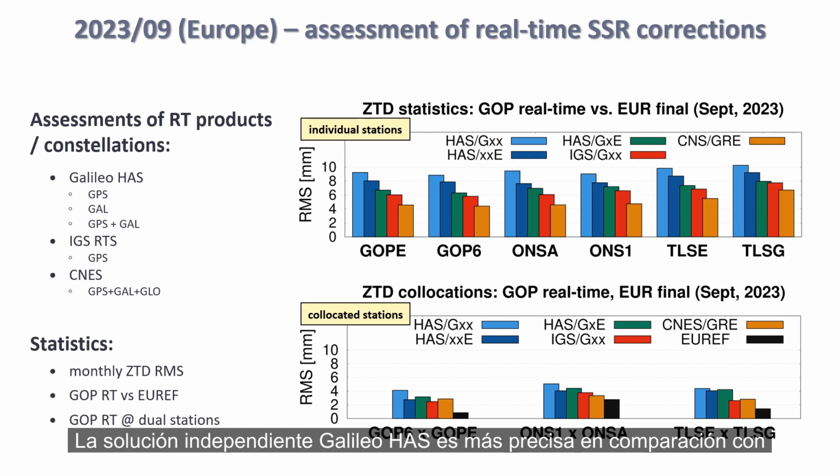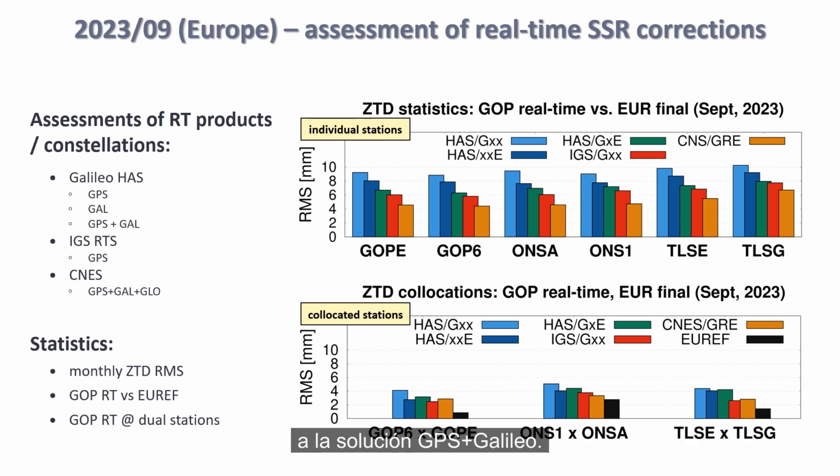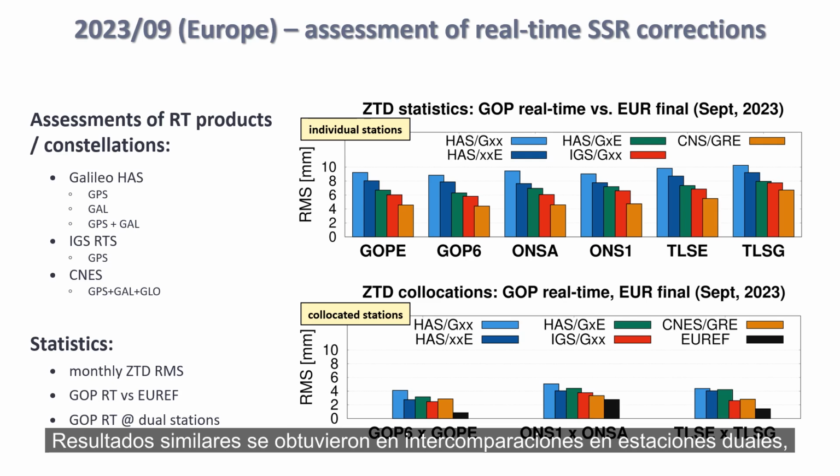The standalone Galileo solution from HAS is more accurate compared to the GPS and Galileo solution. Similar results were achieved by inter-comparisons at dual stations, with RMS improved by a factor of 2 or 3 when compared to individual stations.